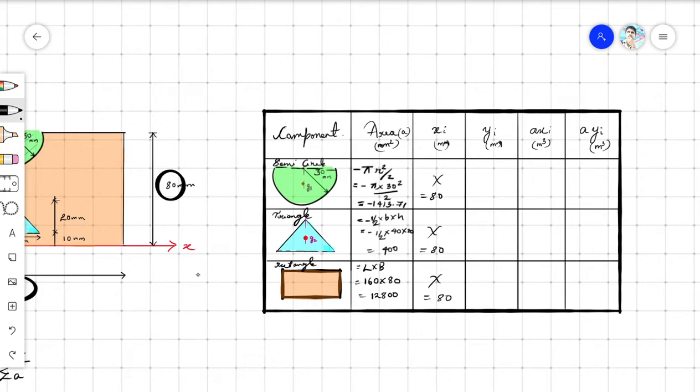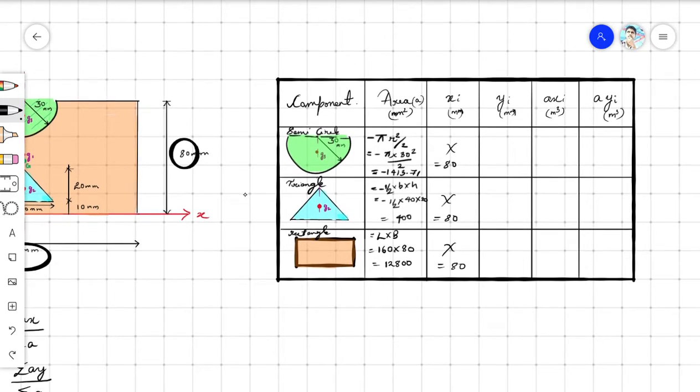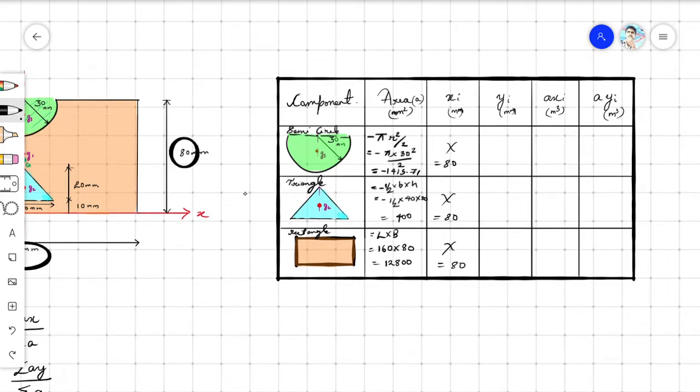But I taught you one small concept, that is axis of symmetry. You can directly write, due to the axis of symmetry, the x bar value is 80 mm.